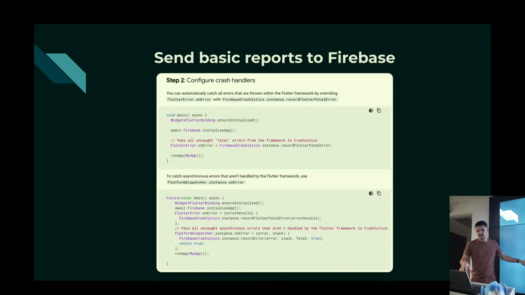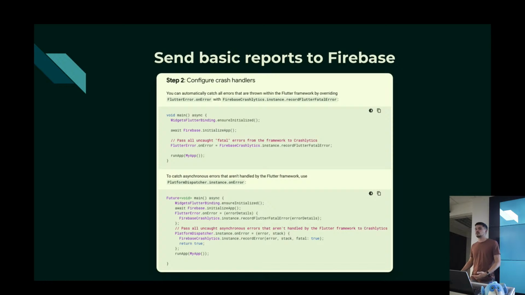Another one in this code example is to catch asynchronous errors that aren't necessarily handled by the Flutter framework. This might be an asynchronous function that's running that's going to crash at an odd time, and this will catch that for you and return it as well. Notice that that error might not be fatal, so we're calling record fatal error here and then record a normal error here.